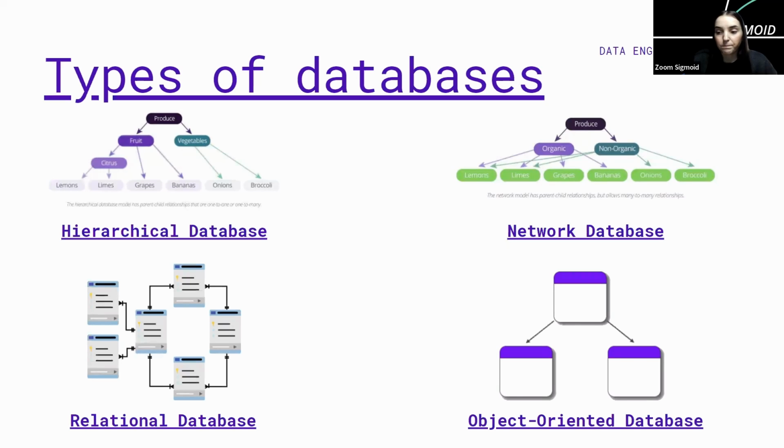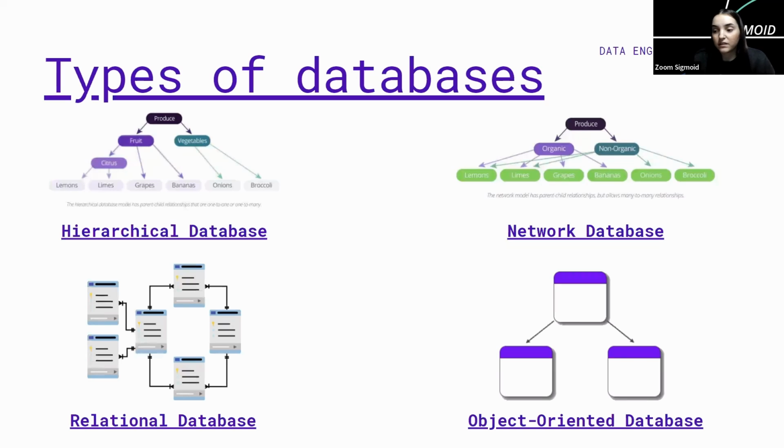The relational database is based on a relational data model, which stores data in the form of rows called tuples and columns called attributes. You have to remember these terms. We will use rows and columns, but actually they are called tuples and attributes. And the tables here are called relations.